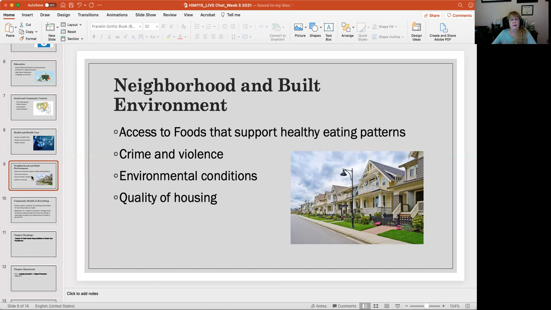So built environment means construction. Okay, that's pretty easy. Not trees that Mother Nature planted, but buildings and apartment buildings and even stores and malls and things like that. We have to make sure that people have access to food that supports healthy eating patterns, and in a way that they can afford it. This is important.